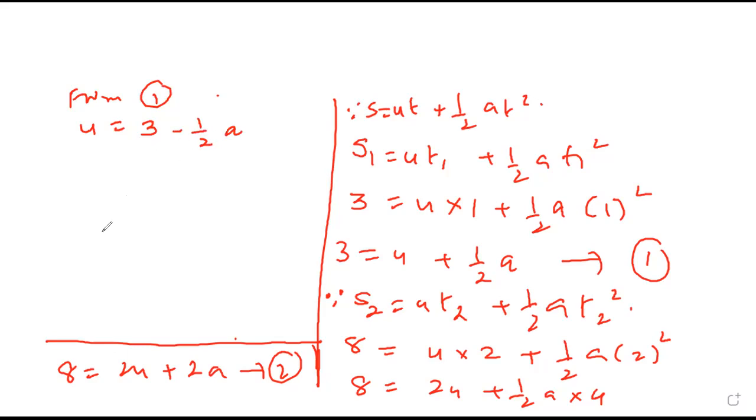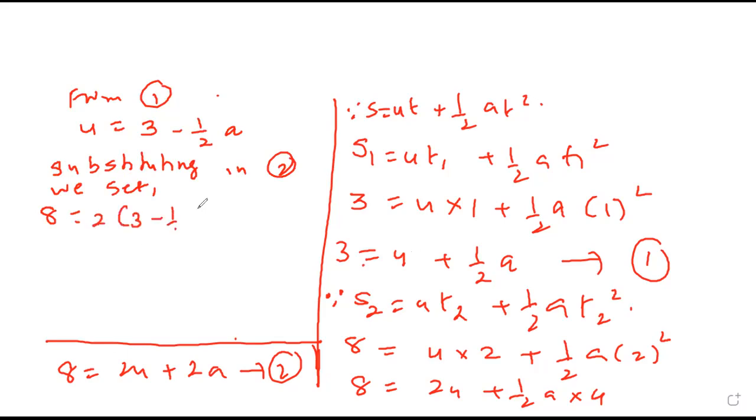From here, see, u equal to 3 minus half a. Substituting into the second, we get 8 equals 2 into u, which is 3 minus half a, plus 2a.